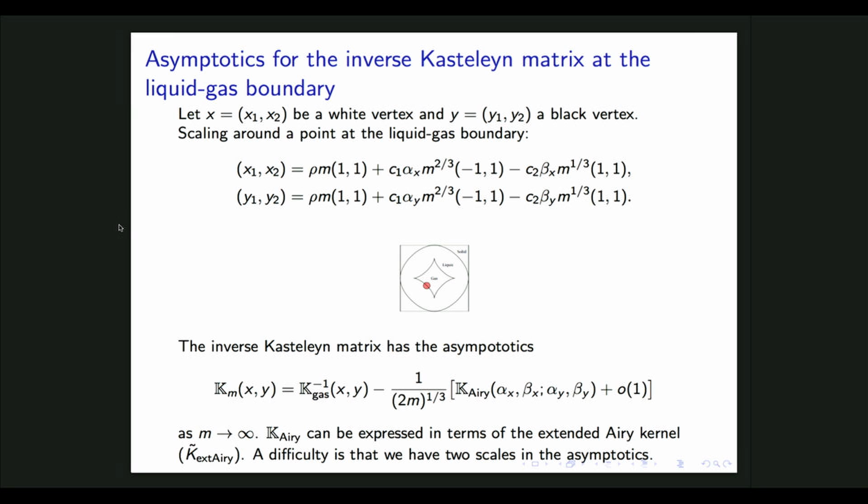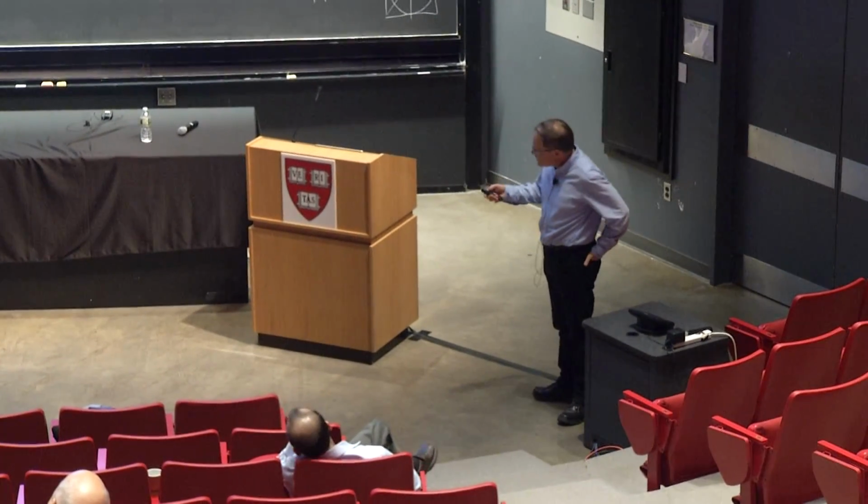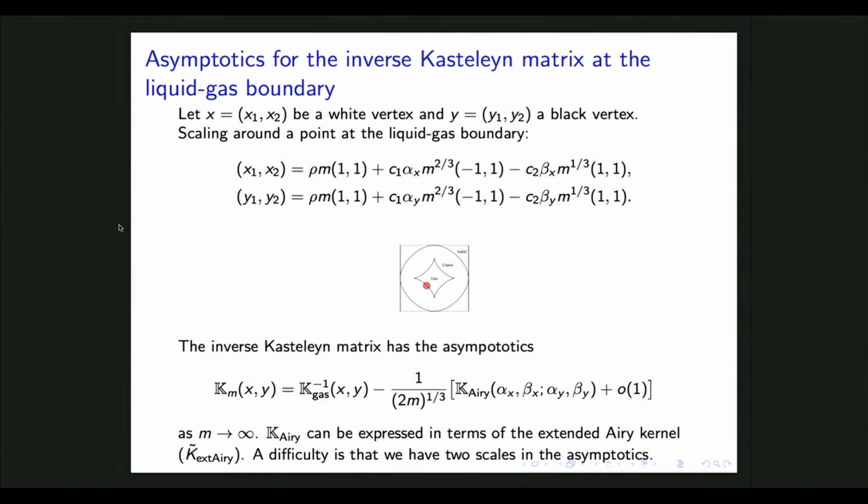So this indicates very strongly that what you see here is, again, some kind of Airy process. But a difficulty here is that the dominant thing, you really only see a gas. This is smaller, so if m goes to infinity, this goes to 0, and I just see a gas.